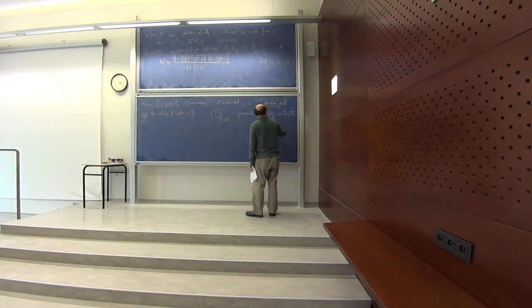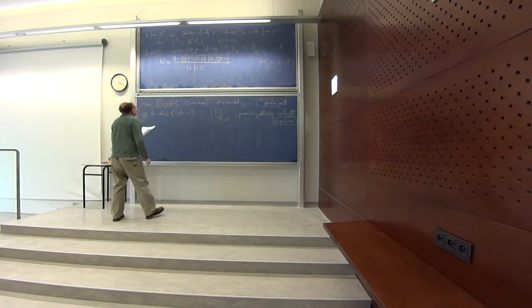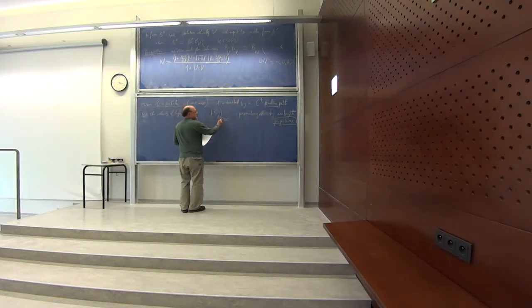Arc length is called in relativity theory proper time. This is the proper time of the particle, and this is S.